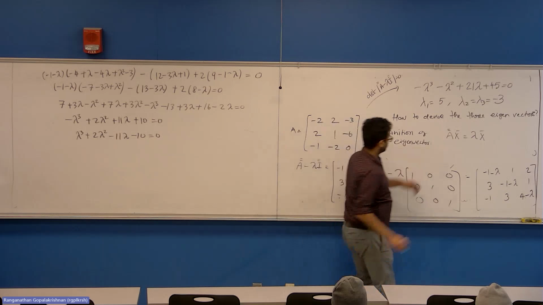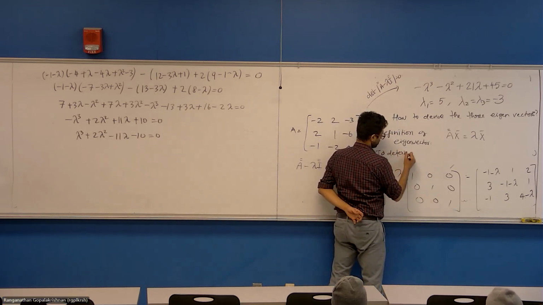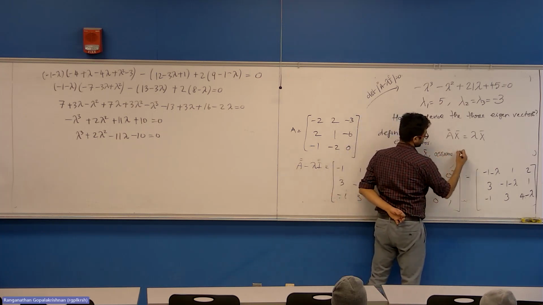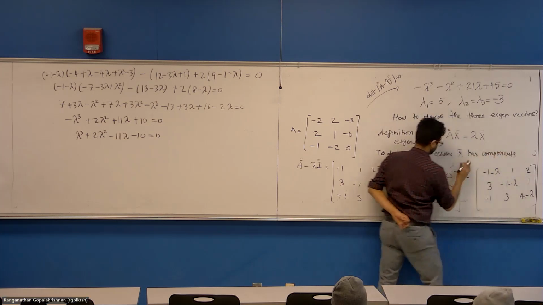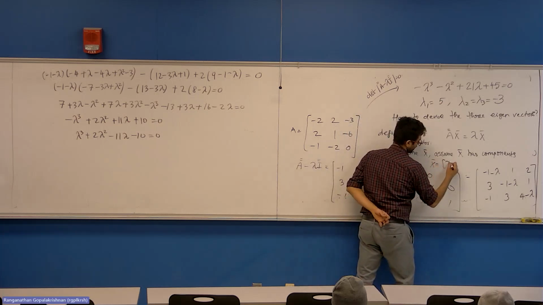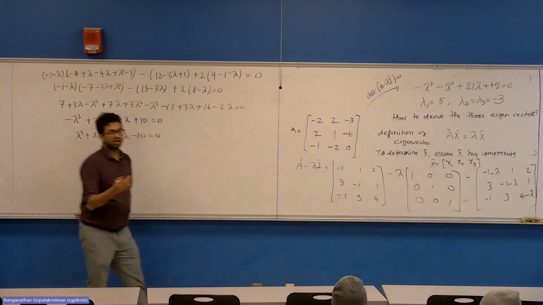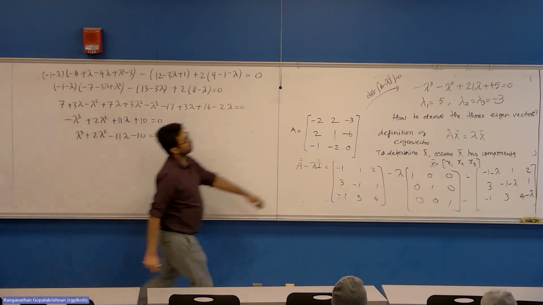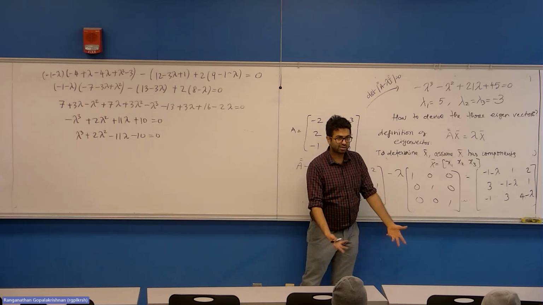So we are trying to determine x. Assume x equals x1, x2, x3. We'll just assume it has three components which are non-zero in general. Now we'll try to solve for x1, x2, x3 so that we can figure out what that eigenvector is.